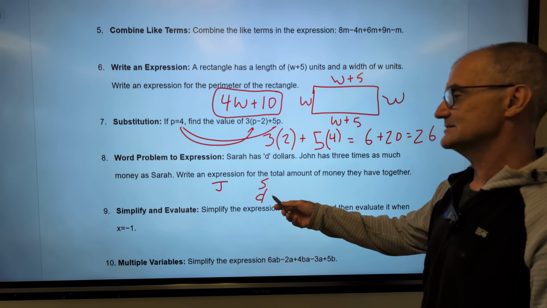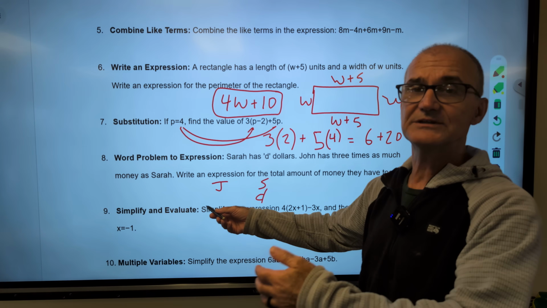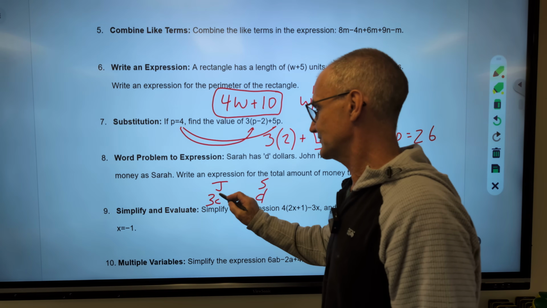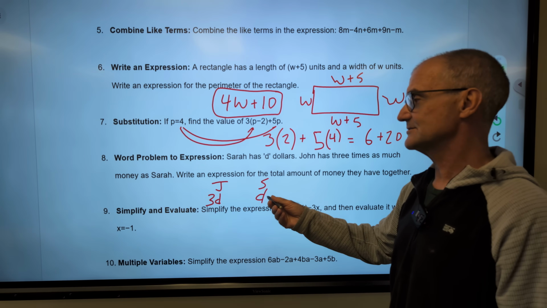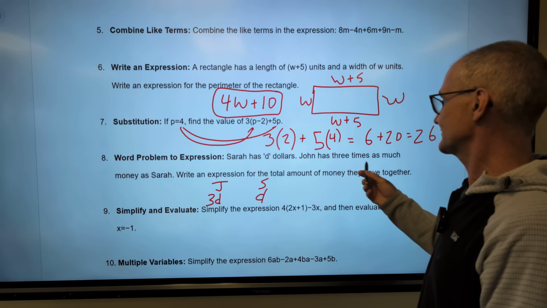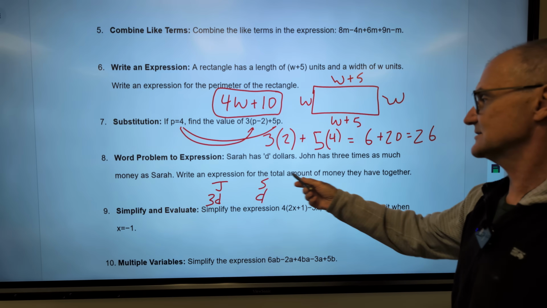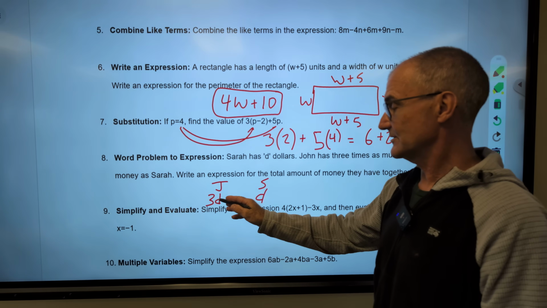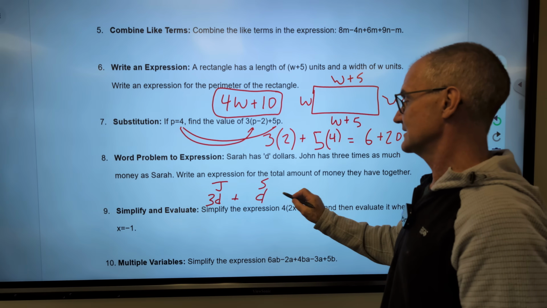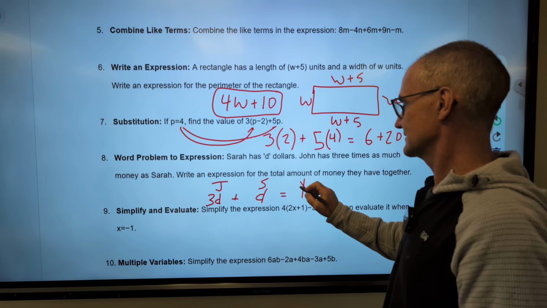Let's say she has $5, he would have 3 times that, $15. So his amount is 3 times the number of dollars Sarah has. So the 3D John has plus whatever Sarah has, 1D, is a total of 4D.